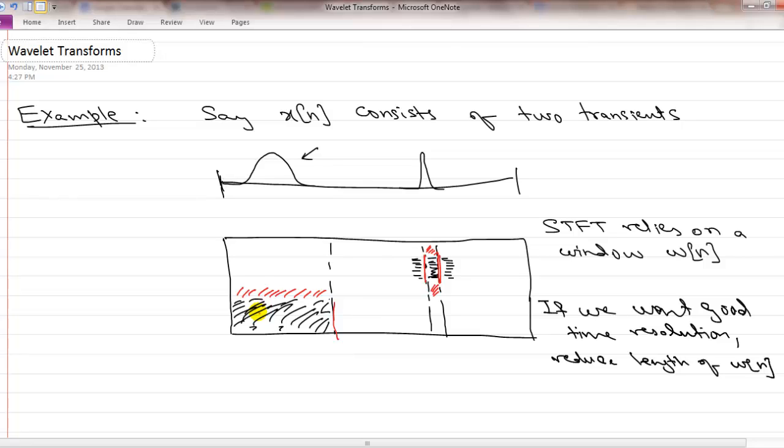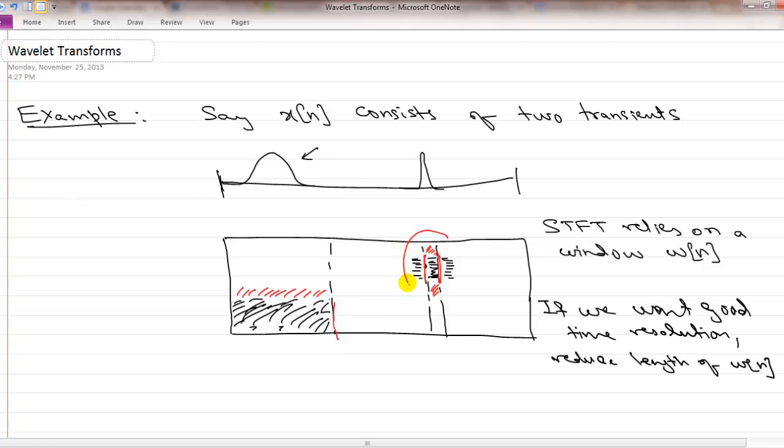It doesn't care whether a region is in low frequency or in high frequency. If you want a better resolution in some plane, in time frequency plane, it doesn't matter where that region is. You do something to one region.